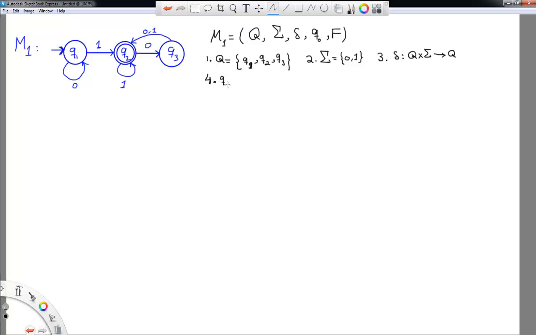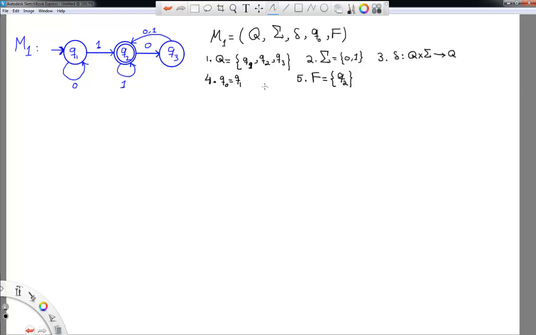So Q sub 0 is equal to Q sub 1, because Q sub 1 is the one that has an arrow pointed to it from nowhere. And finally, the set of accept states. F is a subset of Q. So it is a set, and it contains only one element, Q sub 2.